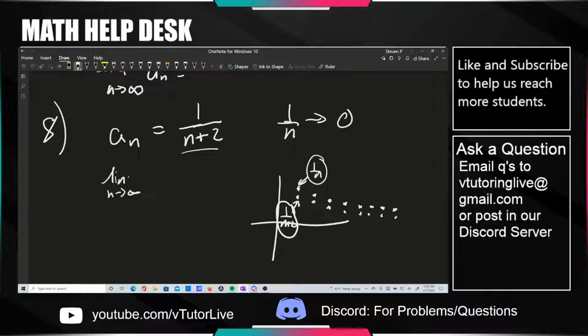Well, the ceiling's got to be higher than the floor, right? So if the ceiling is lowering as you go along, the floor also has to get lower in order for them not to crash with each other. So the idea is if the ceiling goes all the way down to 0, or very, very close to 0 in the limit, well, then you can say that the floor has to as well, right?